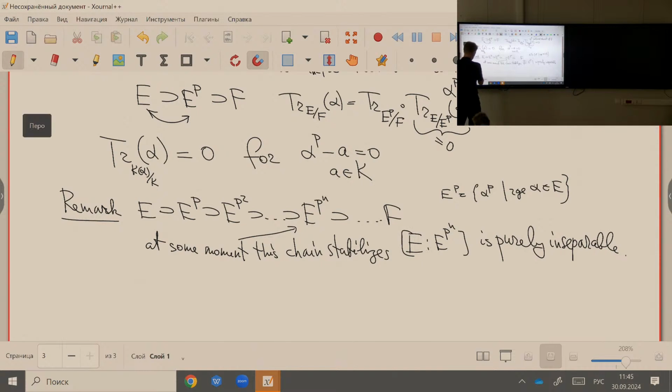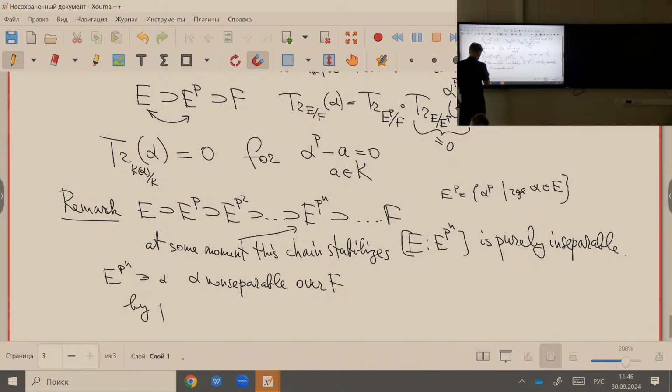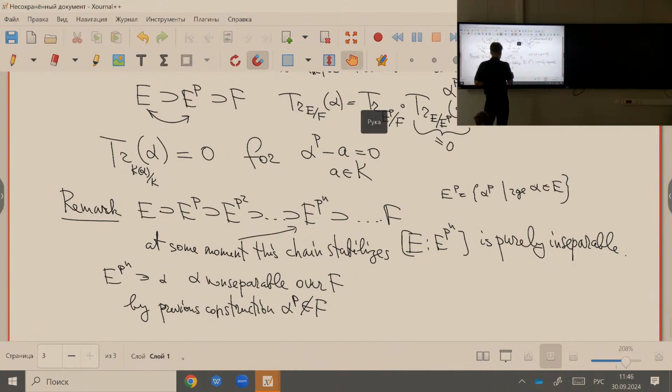So, yes, I will write it that if you have alpha that is the intermediate element and alpha is non-separable over F, so by the previous construction alpha to the power p is not inside F. You can still extract the p-th power.